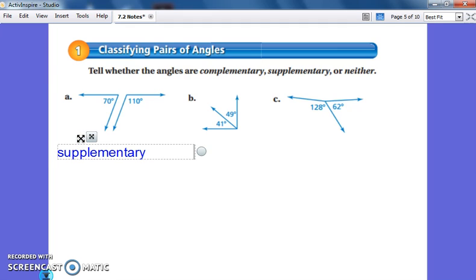If you look at B, 49 and 41 degrees, when added together, is going to give you 90 degrees. So when you find something that's 90 degrees, you know they are going to be complementary.